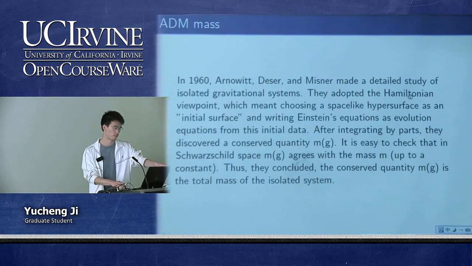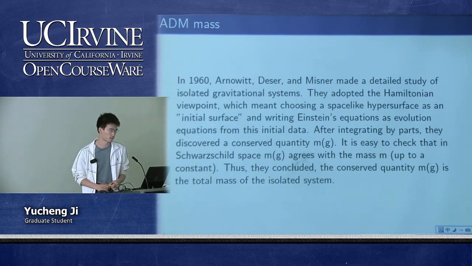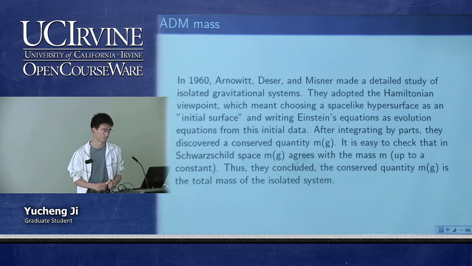Okay, let's introduce the background. In 1960, ADM made a detailed study of isolated gravitational systems. They adopted the Hamiltonian viewpoint, choosing a space-like hypersurface as the initial surface and writing Einstein's equations as evolution equations from this initial data. After integrating by parts, and I will show the details later, they discovered the conserved quantity m of g.